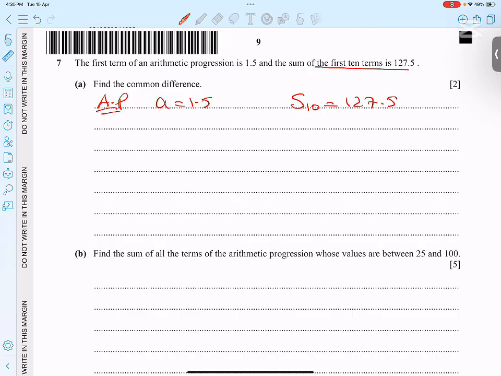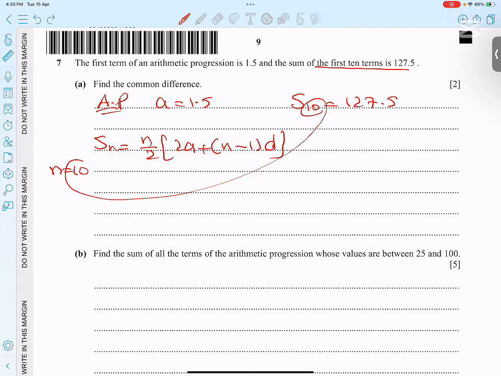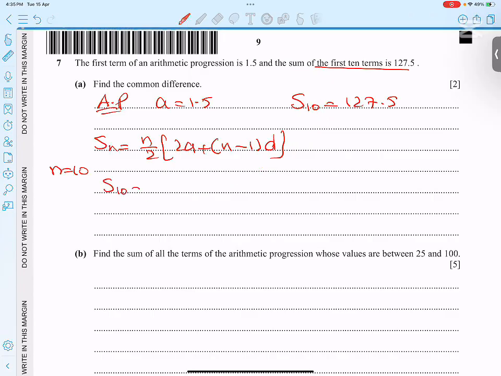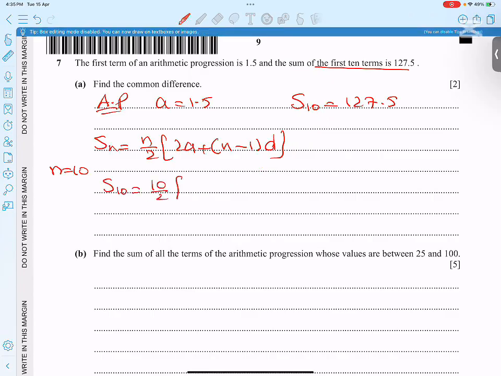What is the formula we basically use for the sum of an AP? That is n divided by 2 into 2a plus n minus 1 into d. I replace every n by 10, because that's very logical. So S10.